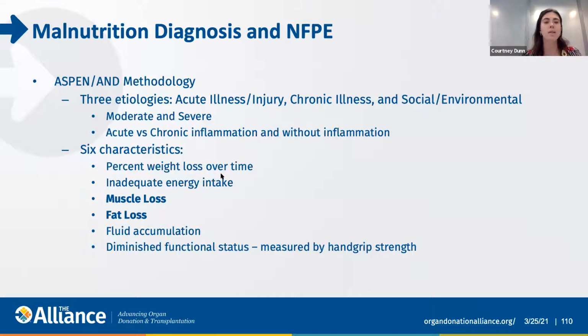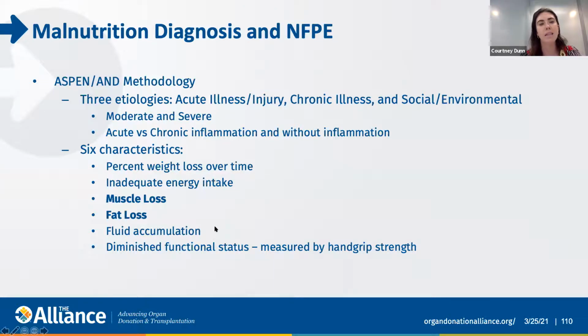So a patient was diuresed or they had a paracentesis and they experienced significant weight changes. Those weight changes, we couldn't use those to help diagnose malnutrition because it's likely not the lean body mass loss, yet these patients are likely still losing lean body mass. It's just hard to differentiate that. And then the fluid accumulation is likely related to their chronic disease, so with their ascites or with their lower extremity edema.